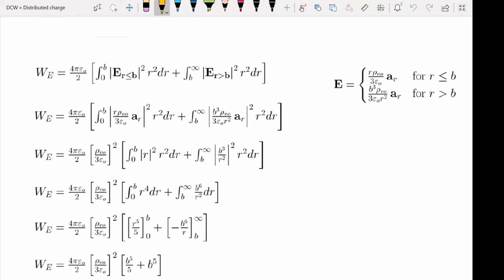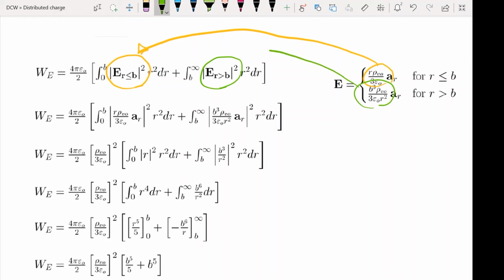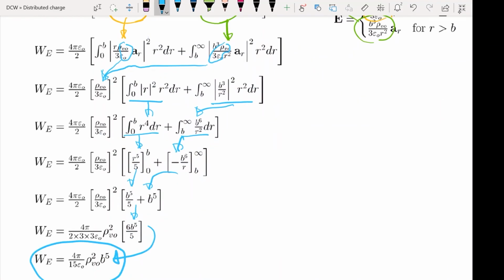We need to choose the right equation for the right area. We replace E for R less than B in the first term, and E for R greater than B in the second term. Then follow the integration as follows. Finally, we obtain the energy. For the energy equation, we integrate over the whole space where we have electric field.